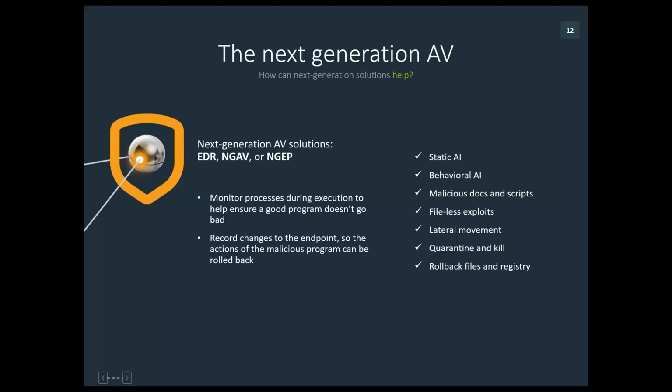So instead of having only a static artificial intelligence, we also have behavioral AI engines. We can monitor and prevent any execution from malicious documents and scripts. What's really, really important, and I have to mention additionally, is these fileless exploits that are so hard to prevent.